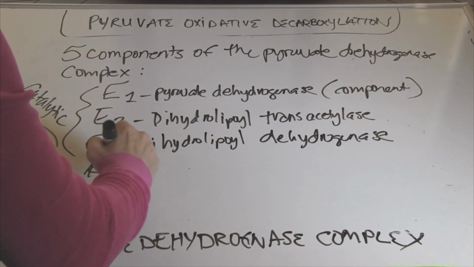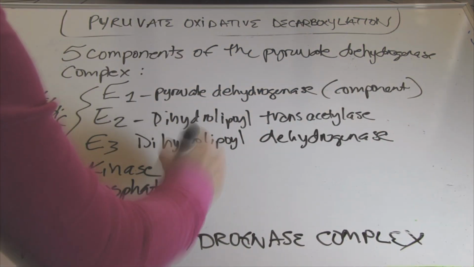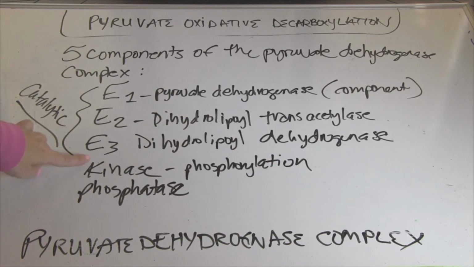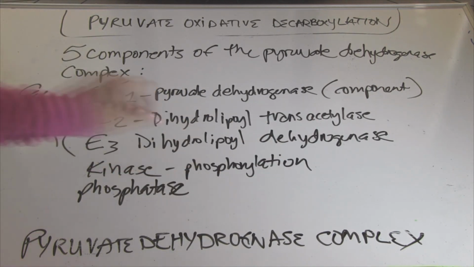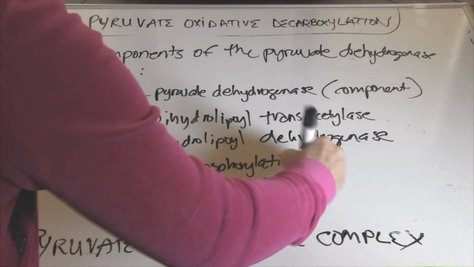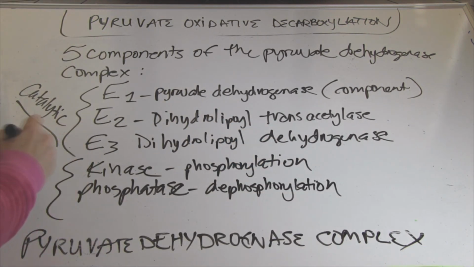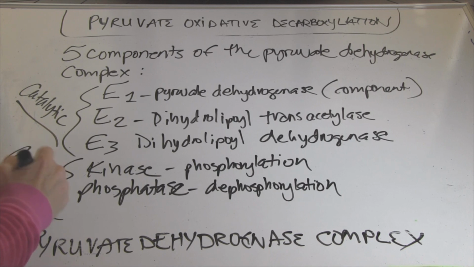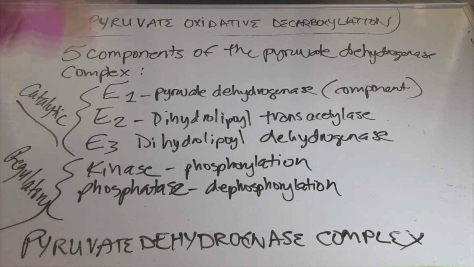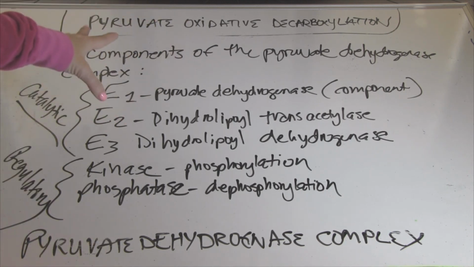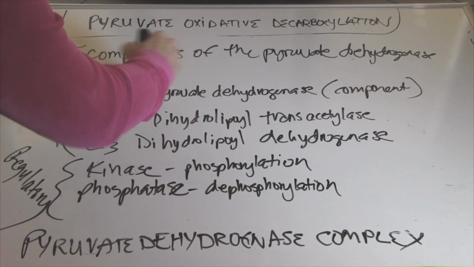Then we have a kinase. The kinase is going to be undergoing phosphorylation. The phosphatase undergoes dephosphorylation, and these are regulatory. So these are going to be controlling these enzymes, particularly this one.